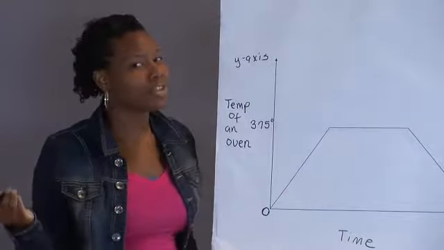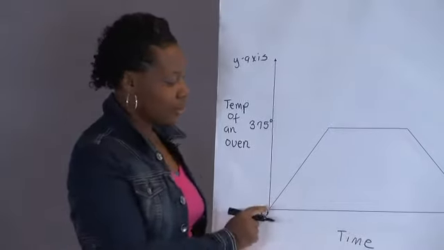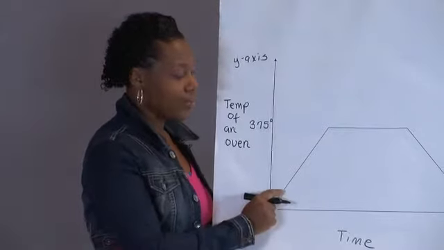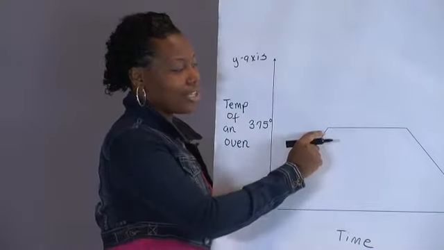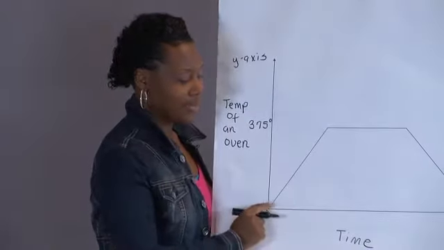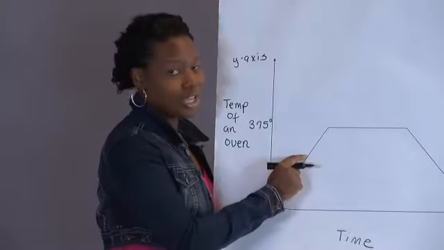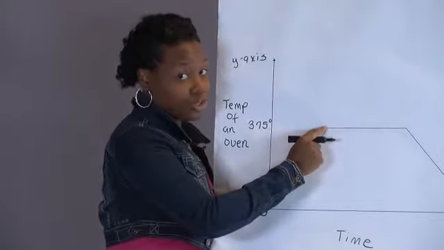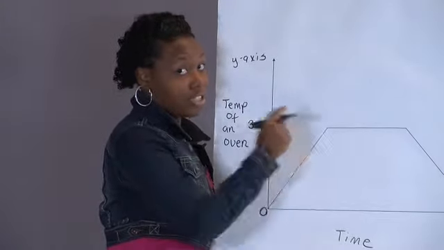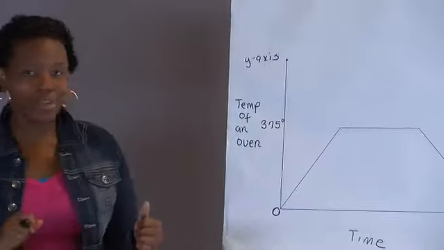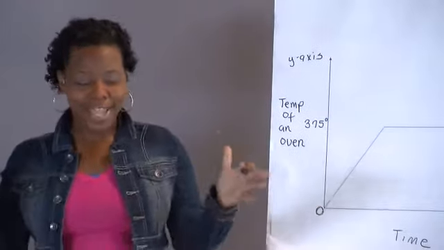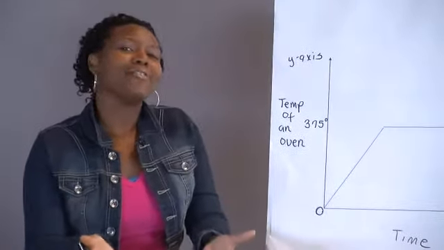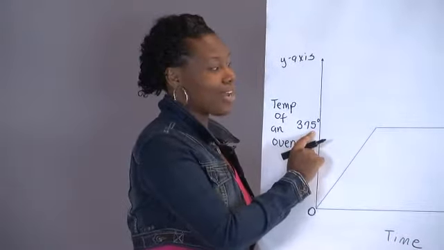Now think about it. What's happening with an oven when you turn it on? The temperature is slowly increasing until you get to your desired temperature. Over time, it's increasing until you get to your desired temperature. You with me on that? Okay, so I made my mac and cheese, put the milk in it, got my shredded cheese, all that. The macaroni is done. Bam, it's in the pot. I'm ready to put it in the oven. And my oven's at 375 degrees.